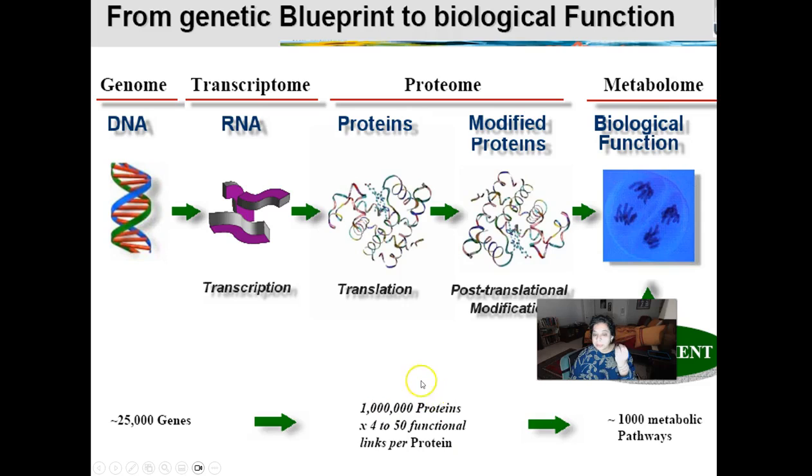And those proteins are going to affect different metabolic pathways. And there are about 1,000 different metabolic pathways that are known and that we have already started to look at, and that one of these proteins would be part of.